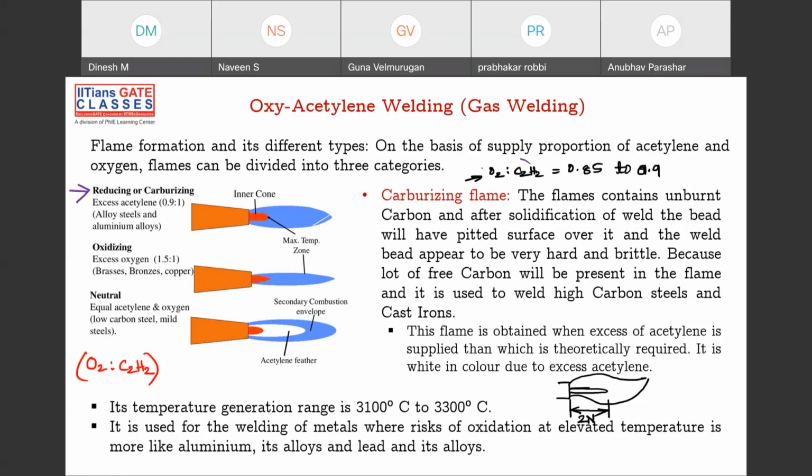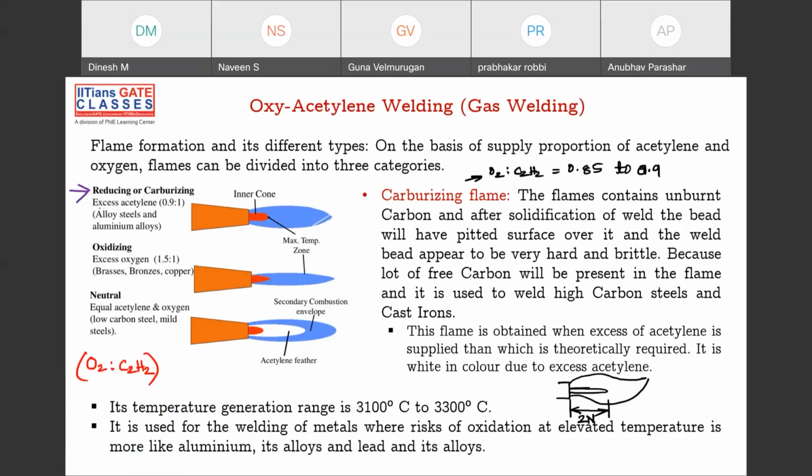So as in this ratio, the oxygen content is less, and for the chemical reaction to occur properly, it needs some oxygen, and in search of that oxygen, it is extending its inner cone. I want more oxygen. That's the reason why the reducing or carburizing flame will have more inner cone. Length of inner cone will be more in the case of reducing or carburizing flame. Okay.